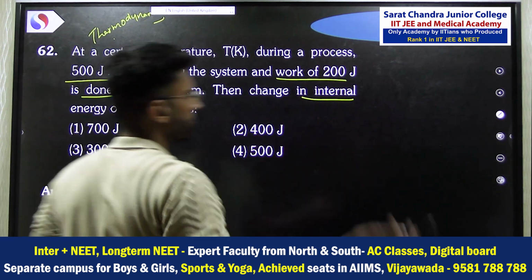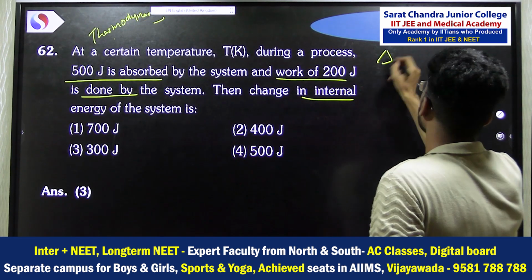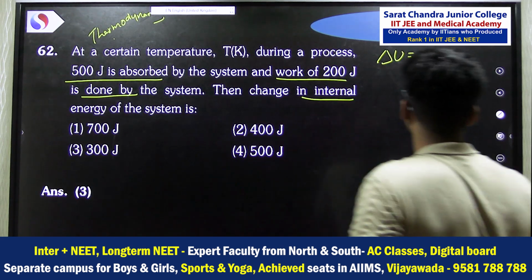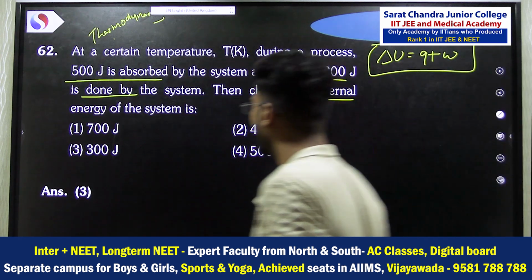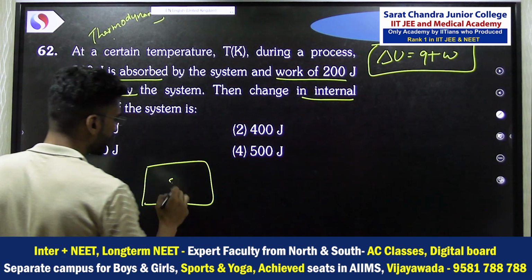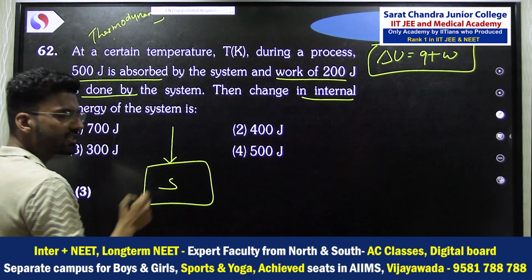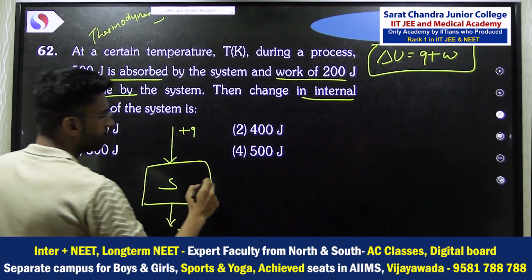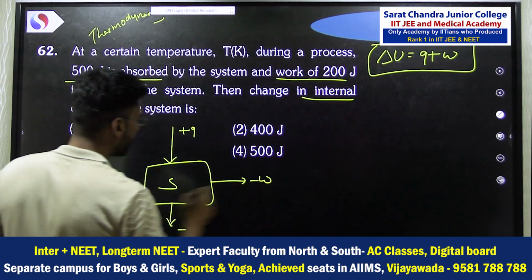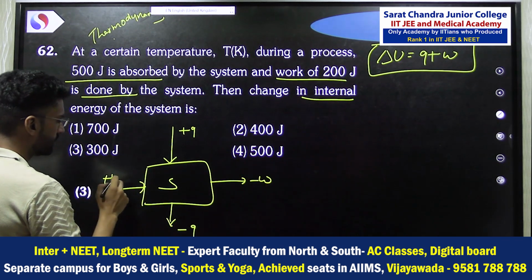From the first law of thermodynamics, internal energy change will be equal to heat supplied to the system plus work done on the system. I know that, if this is my system, heat supplied to the system is always positive, heat going out of the system is always negative, work done by the system is negative, and work done on the system is positive.